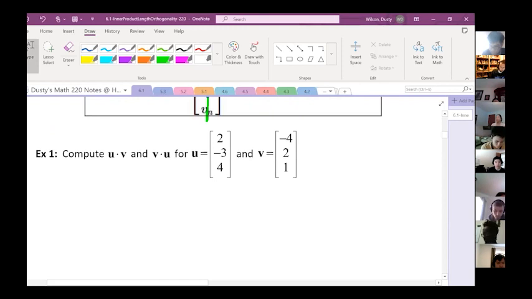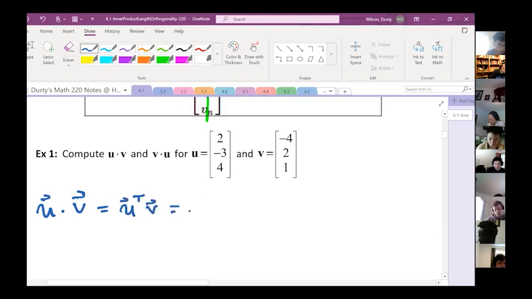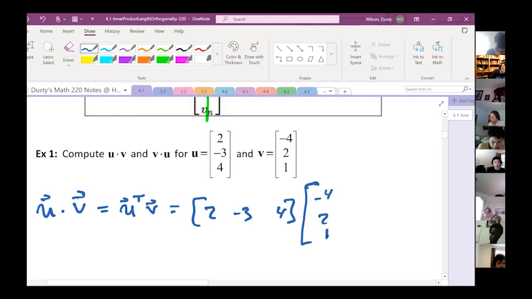So if we want to compute u dot v and v dot u, u dot v in our new world would be the same as u transpose v, which would be 2, -3, 4, multiplied by -4, 2, 1.